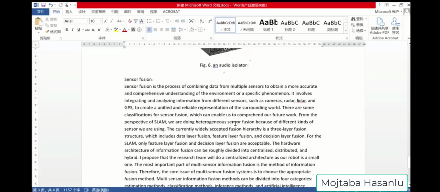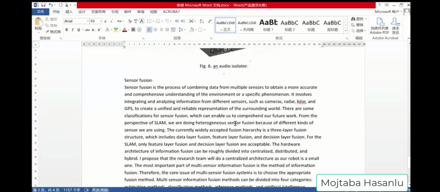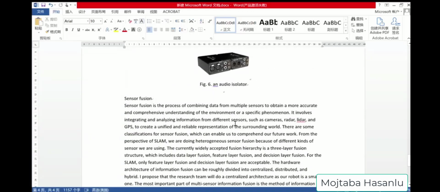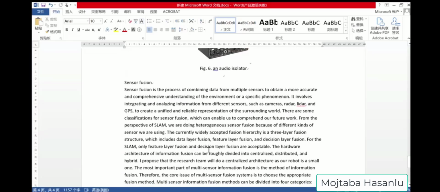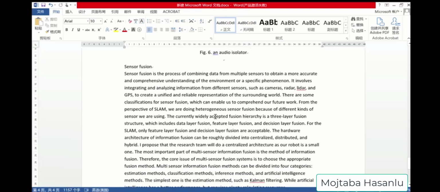And the final thing I'm going to talk about is sensor fusion, which is really important in the work of SLAM. It just means combining data from multiple sensors. In our situation, we are doing heterogeneous sensor fusion because we have different sensors, like the lidar and the microphone arrays, unlike the same kinds of sensors.